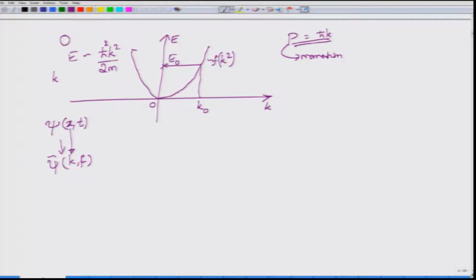Now, this picture unfortunately breaks down when you go to a solid. That was for the free space condition, or when there is only one atom in the whole universe. In a solid, unfortunately you have so many atoms close by, and these atoms talk to each other. Okay.